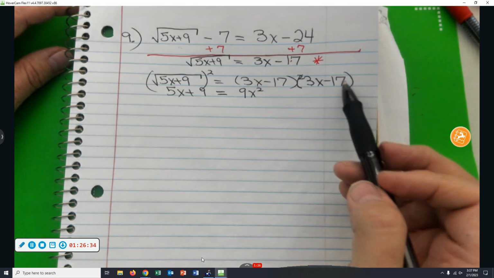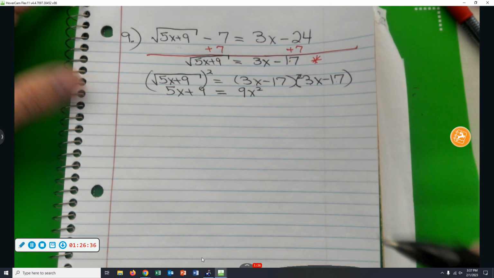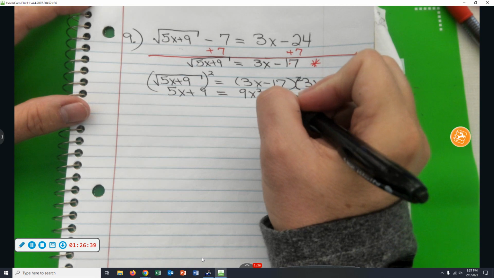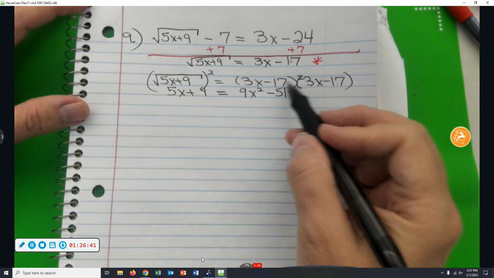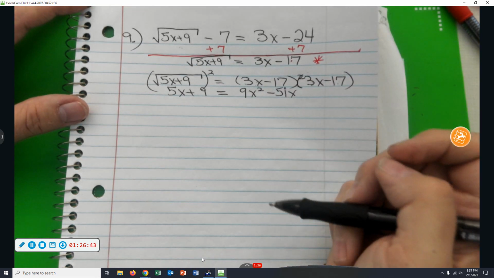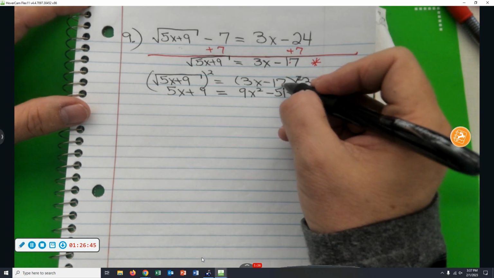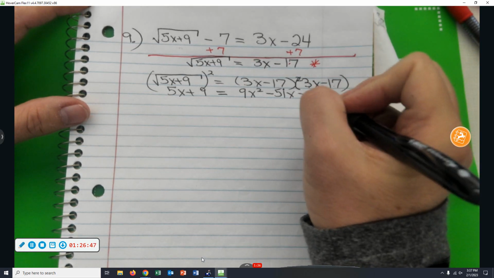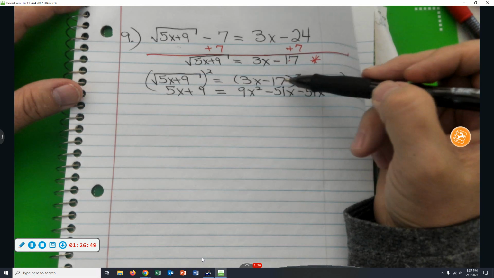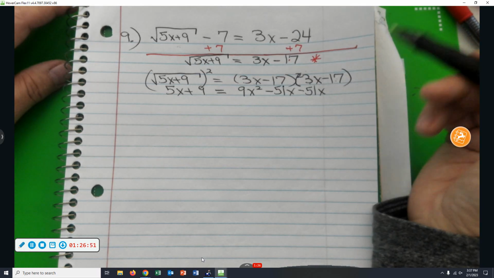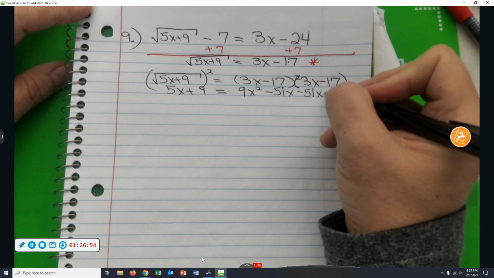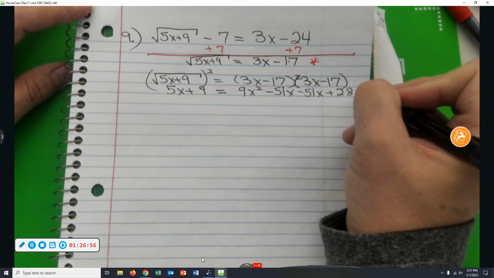Outer: 3x times a negative 17, I can do that in my head, that's a minus 51x. Inner: another minus 51x. Last: negative 17 times negative 17. I'm thinking that's a positive 289, but you may want to check me.